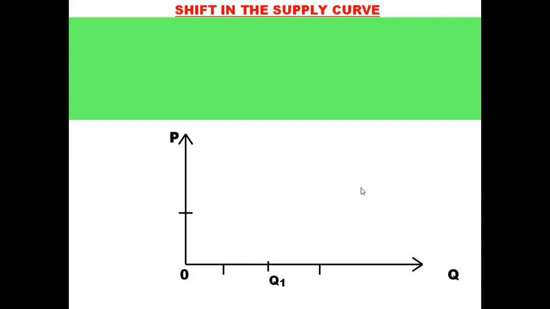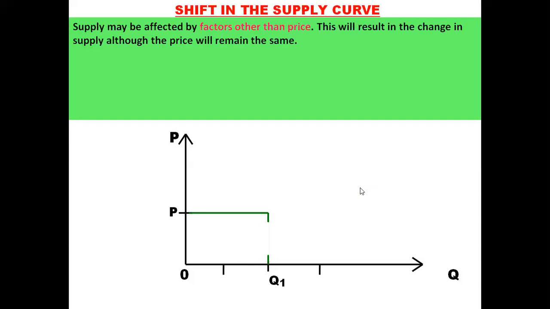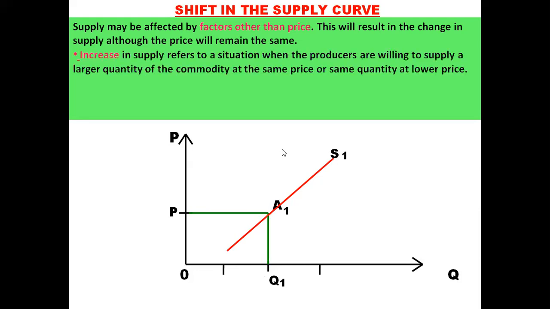Now let us see shift in the supply curve. On the supply curve S, when the price is P, the quantity supplied is Q1 units, and we get a point A1 on the supply curve. Now increase in supply refers to a situation when producers are willing to supply a larger quantity of the commodity at the same price.